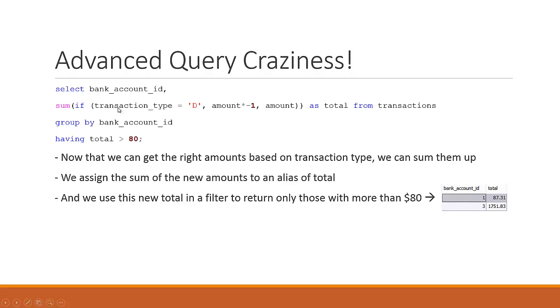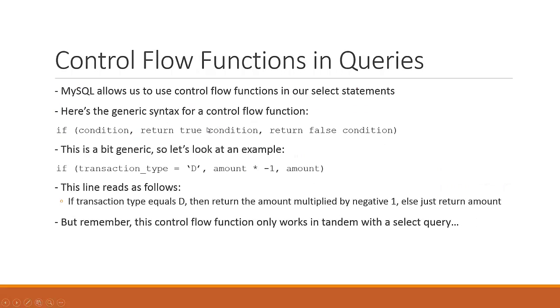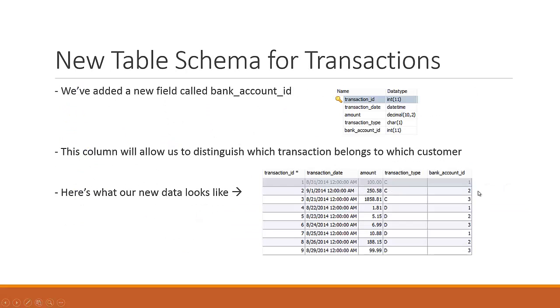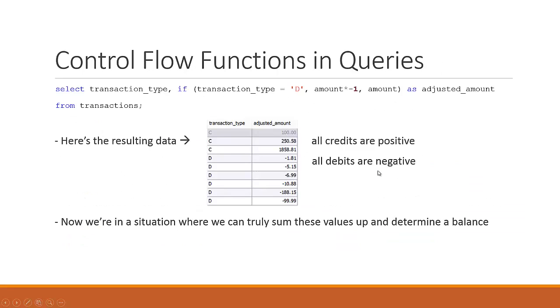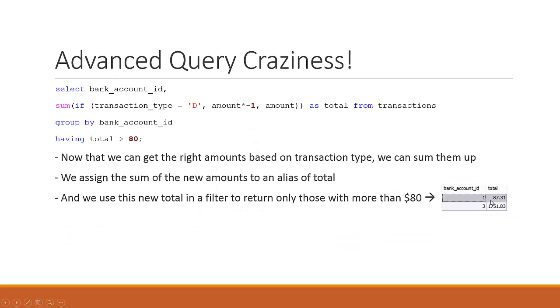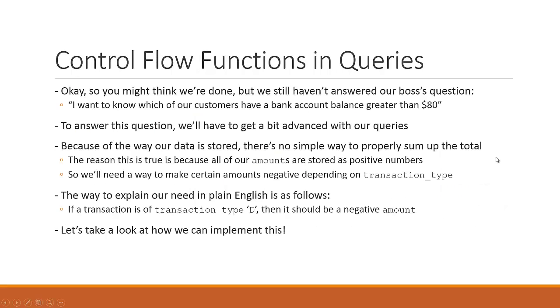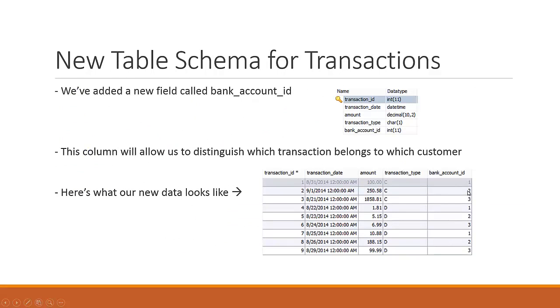This will be an adjusted amount, where the transaction amounts are made negative if they are type D. So we're summing those up together. When we sum those all up, it'll be 100 plus negative 181 plus negative 1088, and all those added up become $87.31.